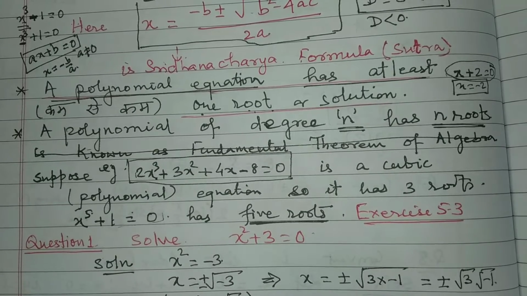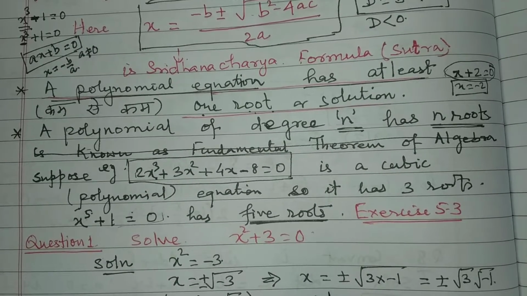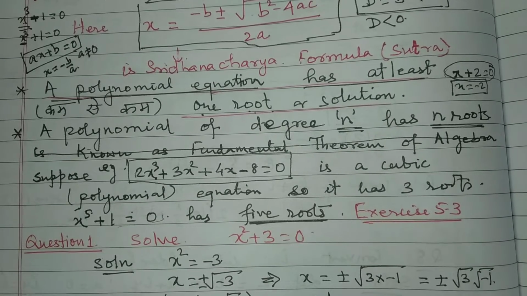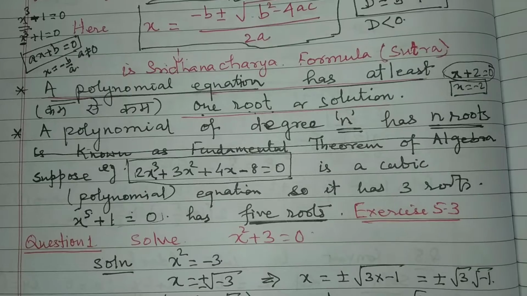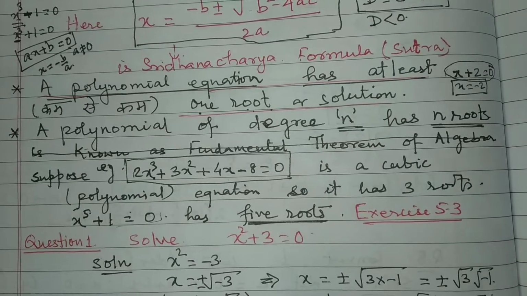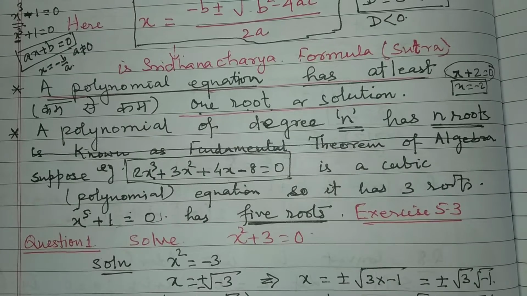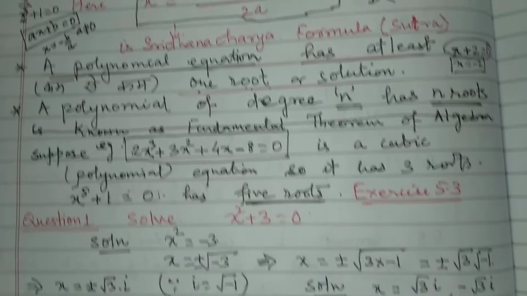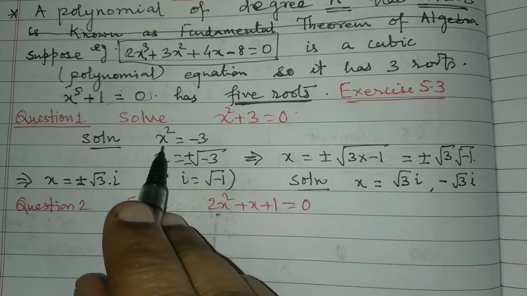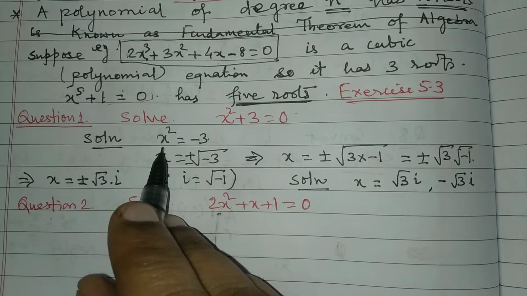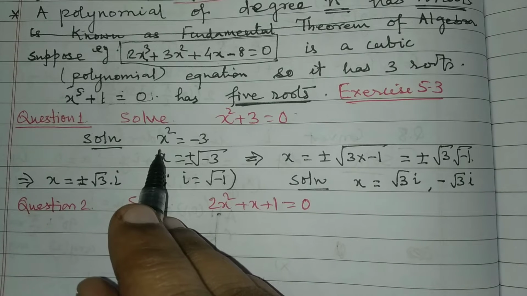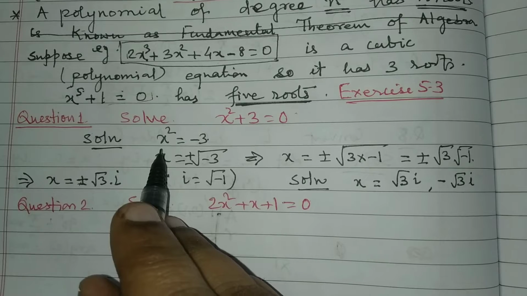So the solutions are x is equal to root 3i, and the second is minus root 3i. There are two solutions and both are complex numbers. It is quite clear because it is a quadratic equation. Every quadratic equation has two solutions, whether real or complex.